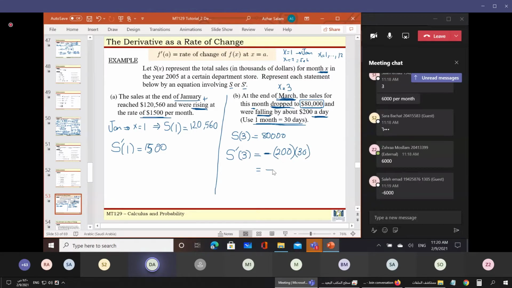Okay, this gives me minus $6,000 in the whole month. 200 per day, so in the whole month will be minus 6,000 as a rate of change in March. Yes, minus 6,000. This is how to translate this problem into the derivative and function using rate of change.